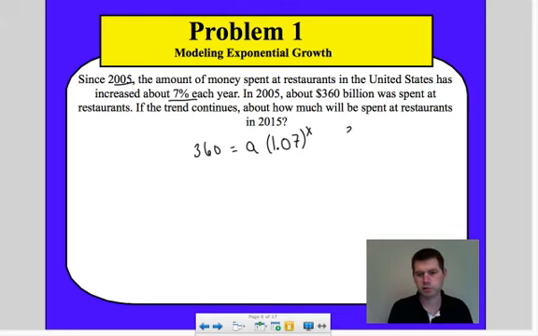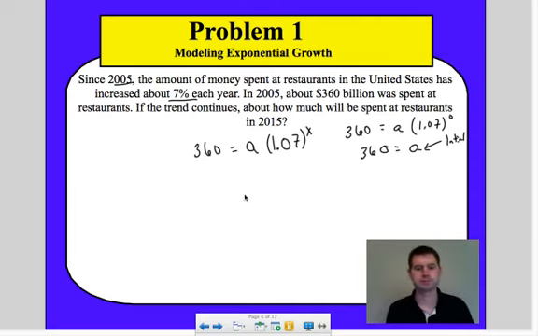So as I work that out, we get 360 equals A times 1.07 raised to the 0. Well, that makes 1. So we get 360 equals A, because 1 times A is A. So that tells us that A is that, which we kind of note that this is our initial amount. So that's like where we're starting.